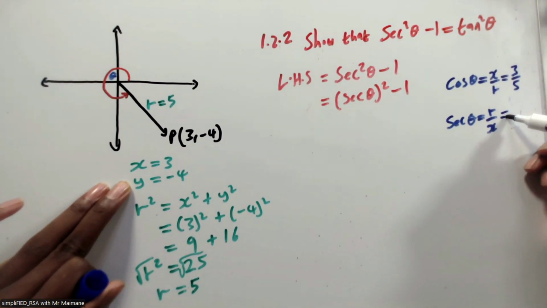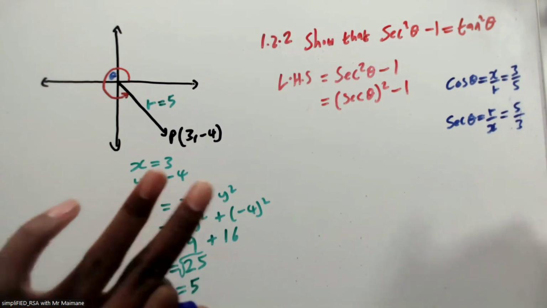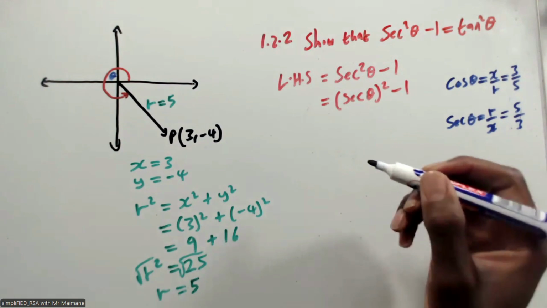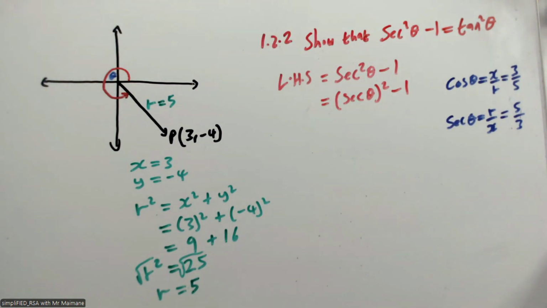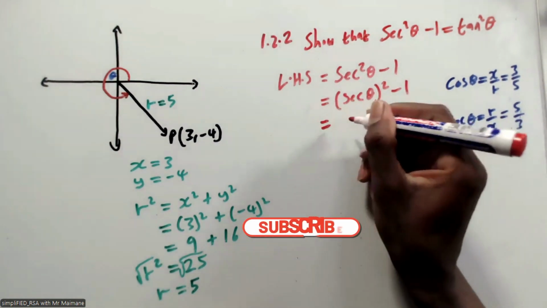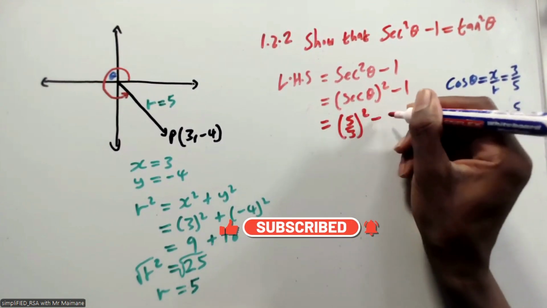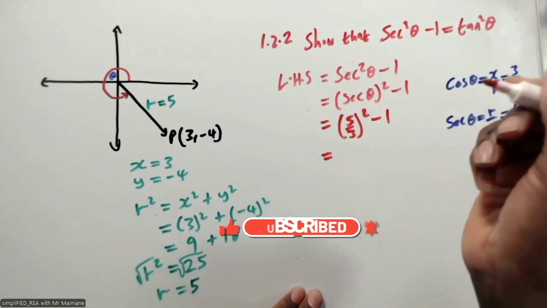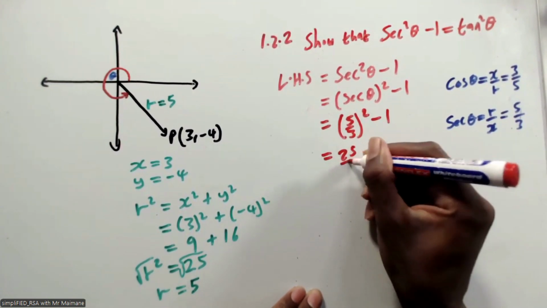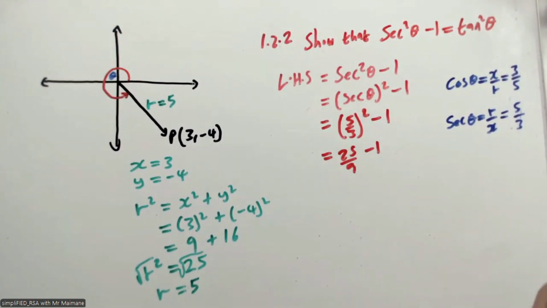And then that makes sec theta to be 5 over 3 because, like I say, it's the reciprocal. So therefore, this means I will then have 5 over 3 squared minus 1. Therefore, this is going to be 25 over 9 minus 1.